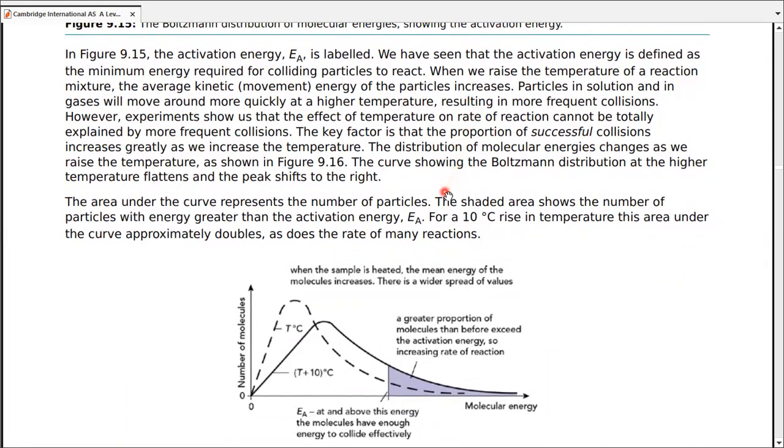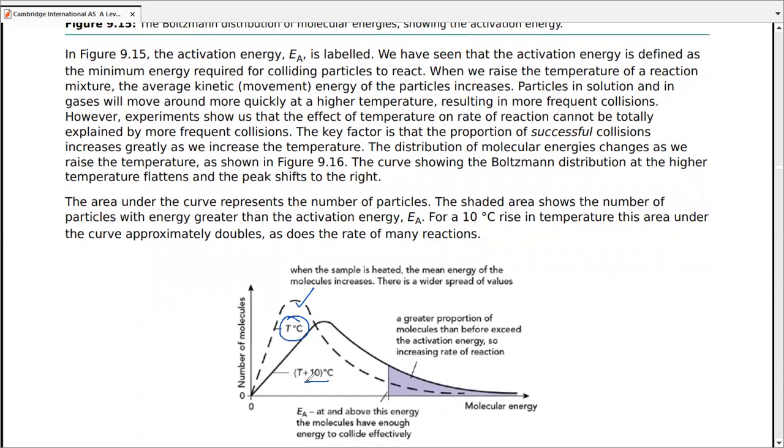So what happens when we increase the temperature? Particles in solution and gases will move around more quickly at a higher temperature, resulting in more frequent collisions. Actually, to be honest, more effective collisions for a specific region. Now, take a look. This is the previous graph we were talking about at a specific temperature. Let's say we just increase the temperature by 10 degrees centigrade.